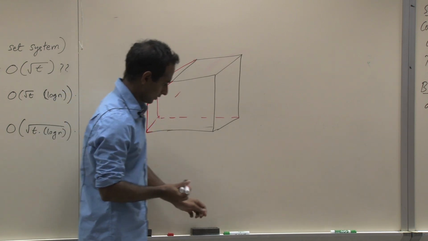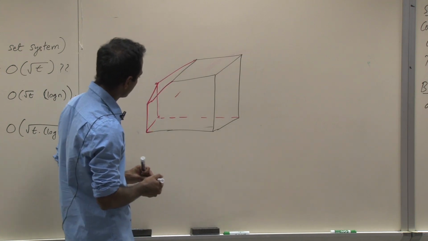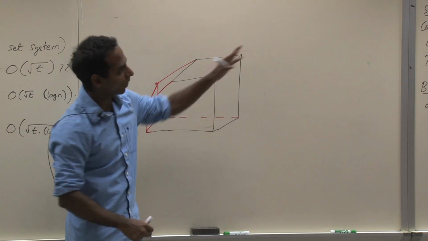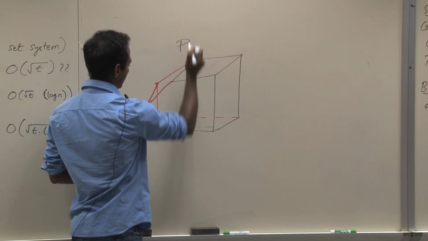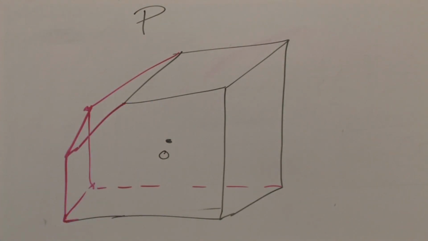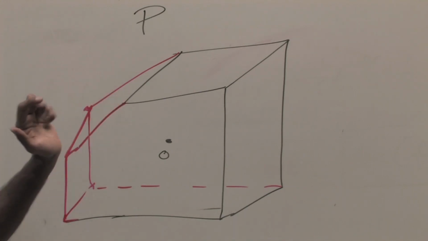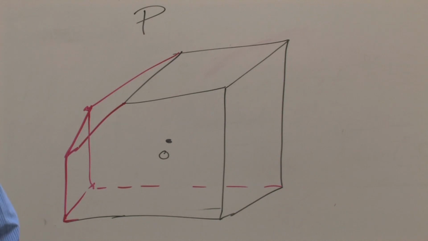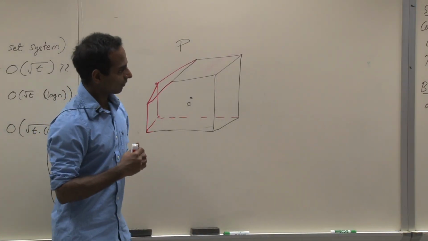This is the polytope P from over there, just scaled up. Let's say here's the origin. Our goal is to find a point inside this polytope where at least half the coordinates are 1 or -1.